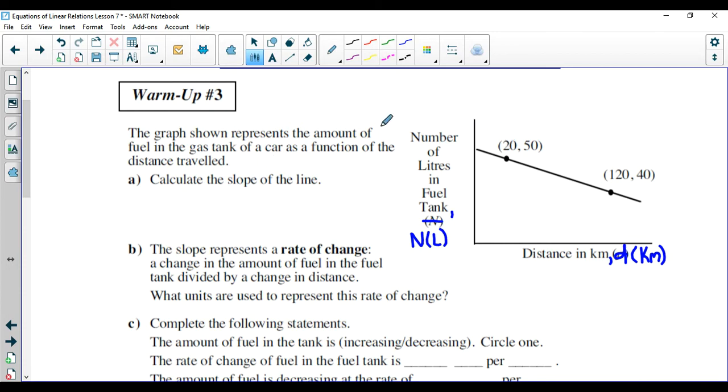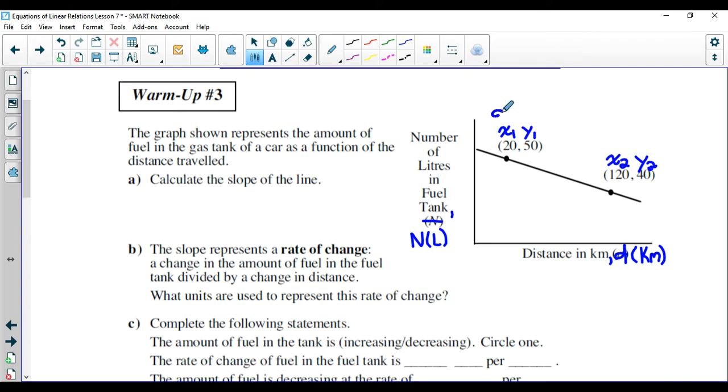So to calculate the slope of this line, now by the way, you can label it in one of a couple of ways. So if you want, you can label this as x1, you could label it as y1, you could label it as x2, you could label it as y2. We can also label it with the correct variables.